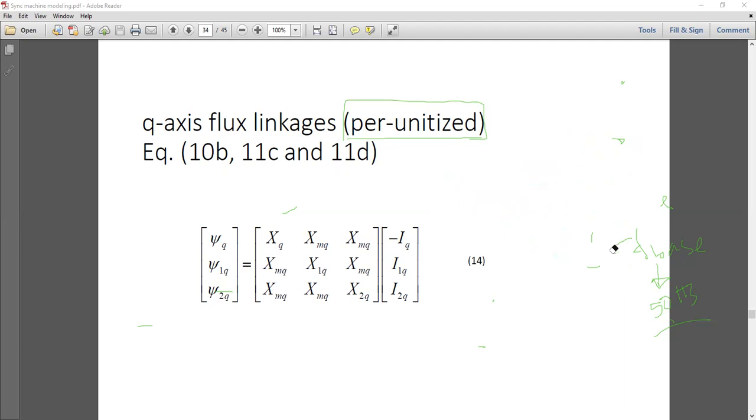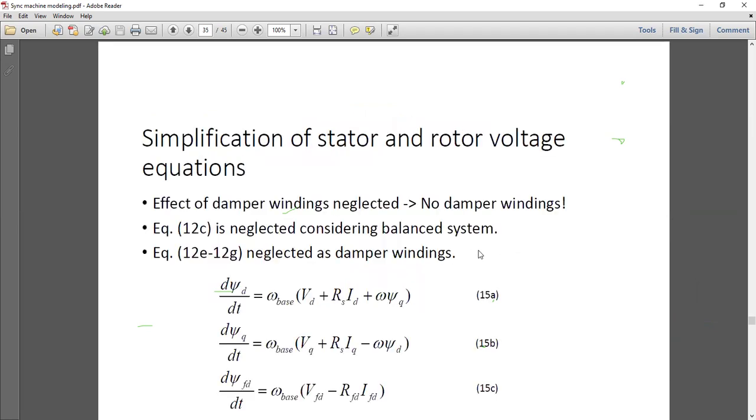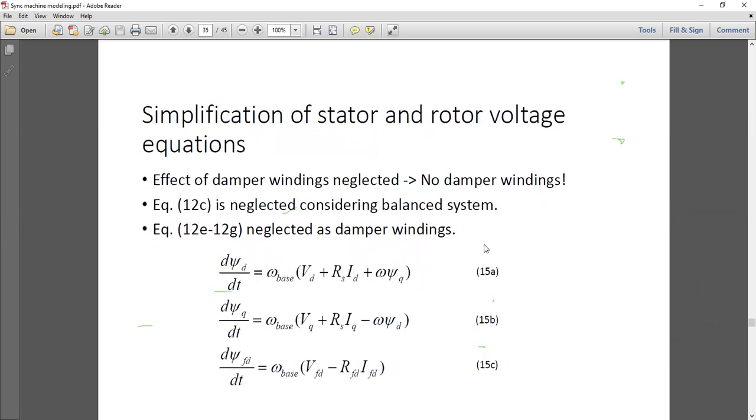With that, now we have expressed the flux linkages. We have got rid of the unequal or imbalanced inductances. Now we are done with the tedious part of the calculations.